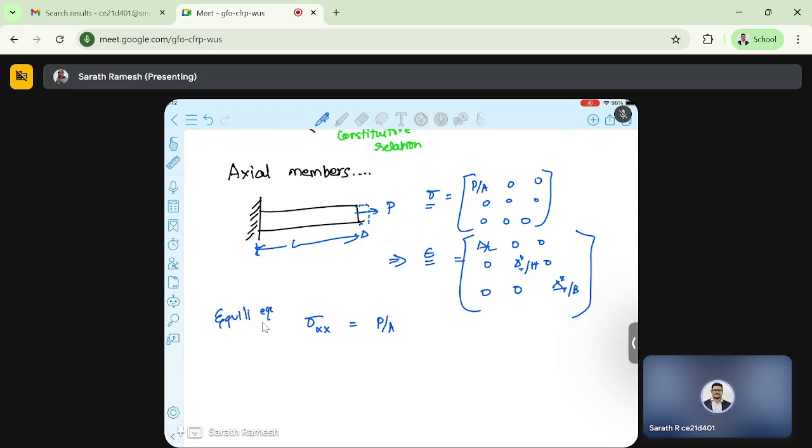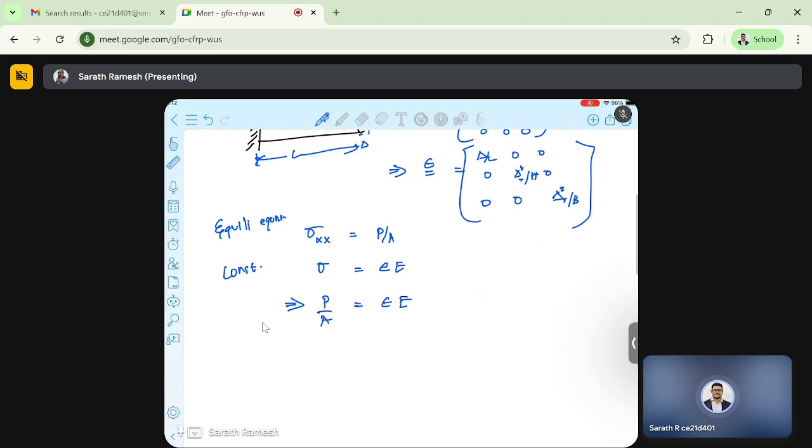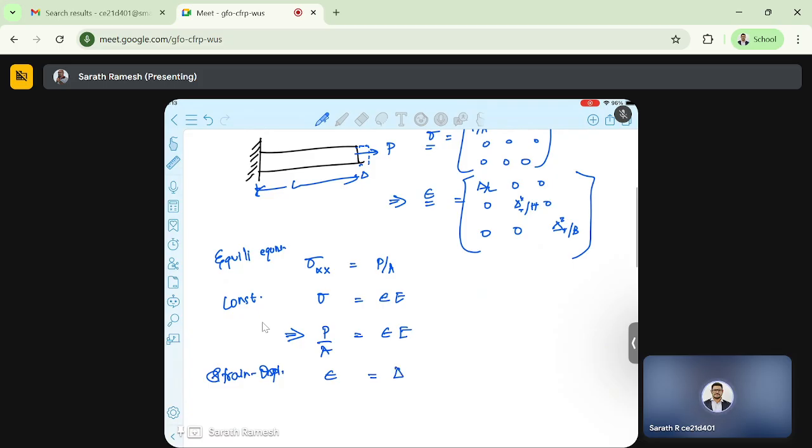Suppose we use the constitutive relation, one-dimensional, sigma equal to epsilon E. If we substitute, this will give rise to P by A equal to epsilon E. Now, if we use the strain displacement relation, epsilon equal to delta by L.